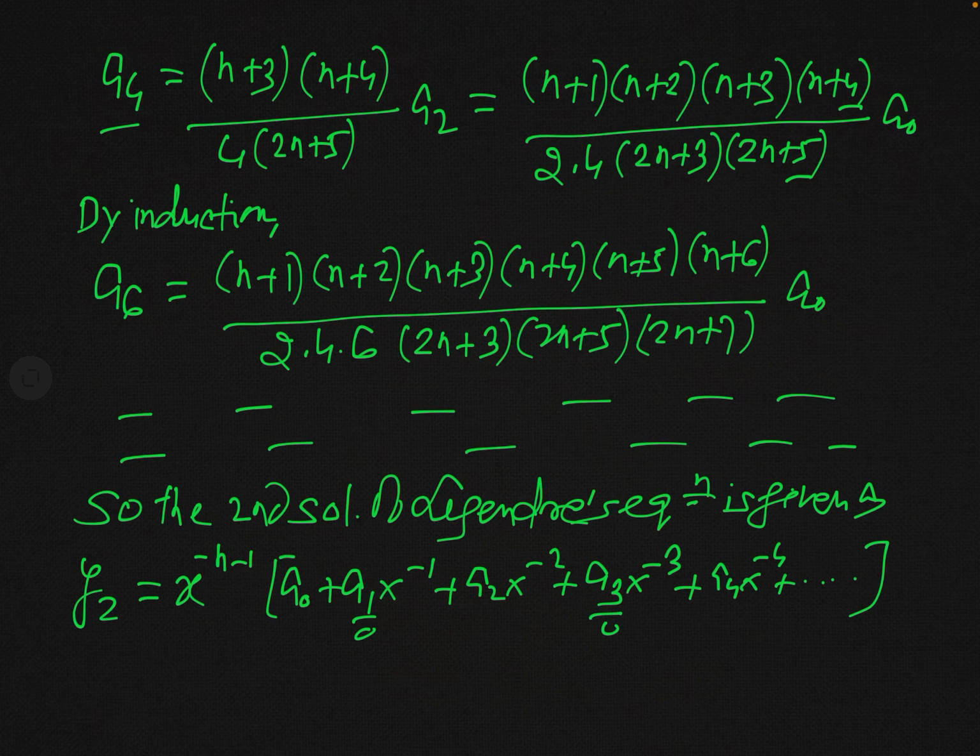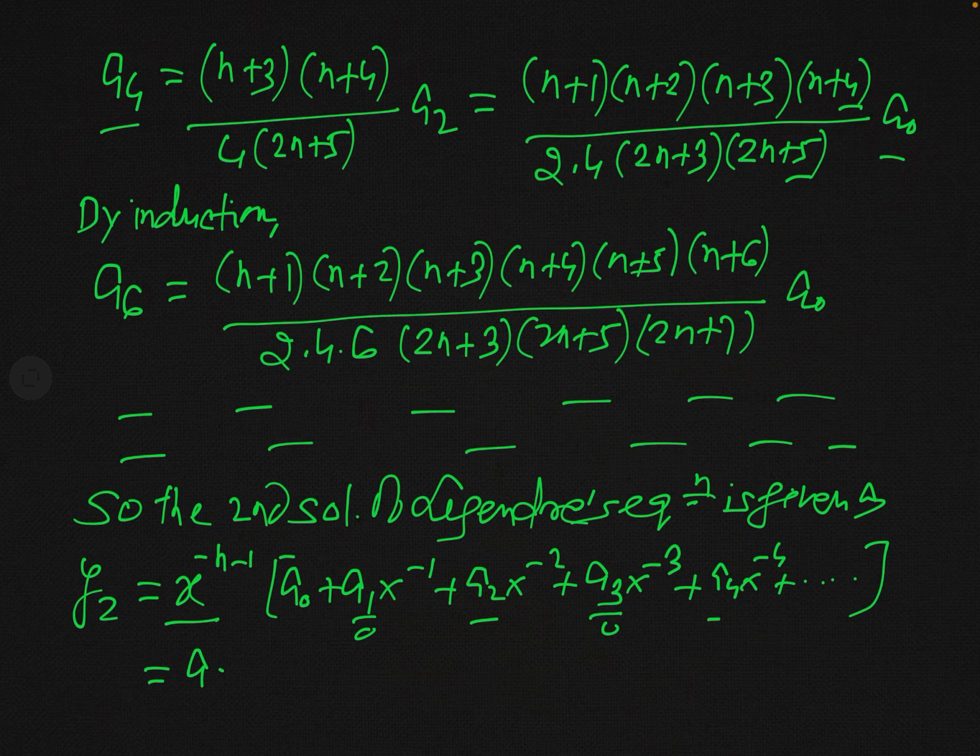Now you have seen that this a1 is 0, a3 is 0 and the values of a2, a4 all contain a naught. So a naught will be a common factor and you will multiply by this x to the power -n-1 to these x.